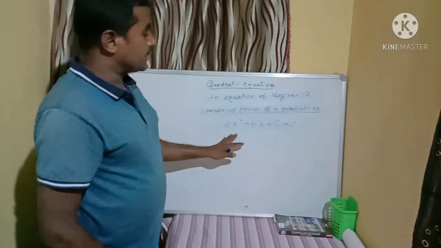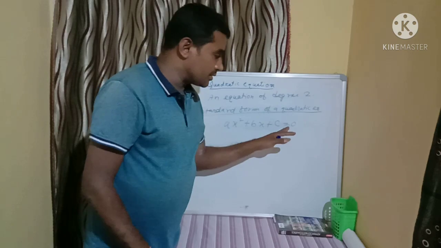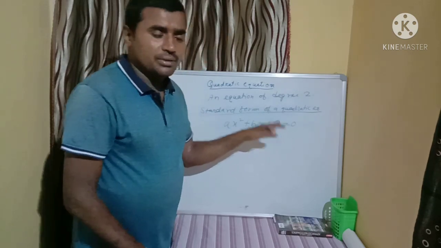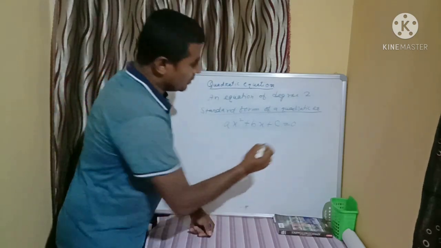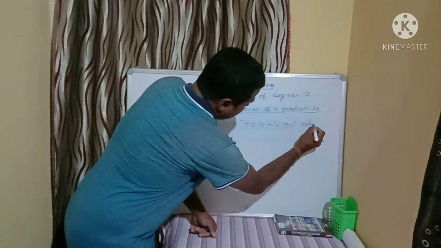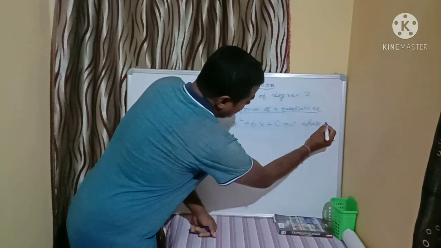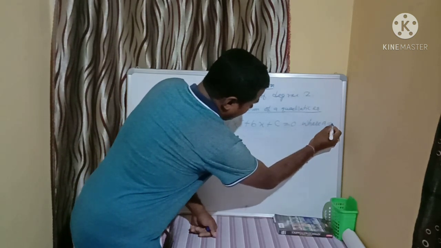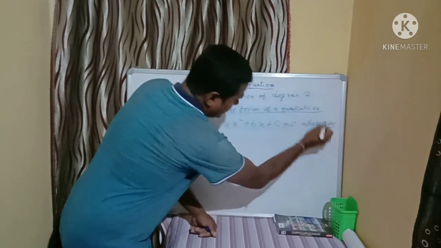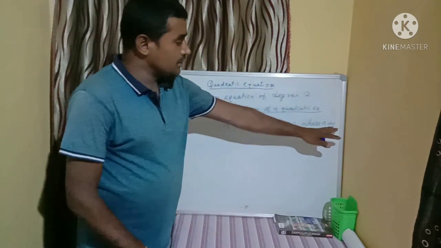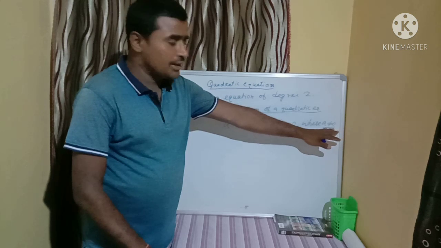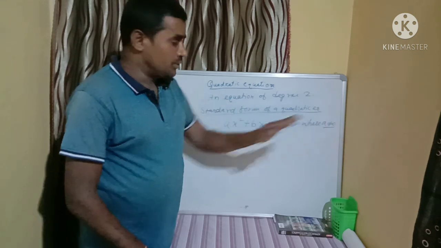Ax square plus bx plus c equal to 0 is the standard form of a quadratic equation, where there is a condition also: a not equal to 0. This is the important condition. A never or cannot be 0.